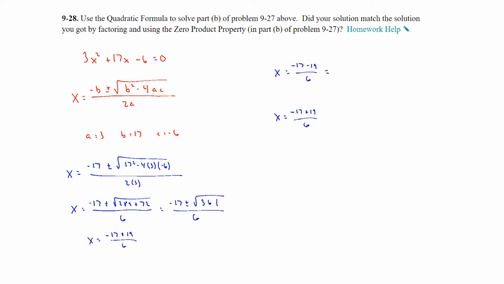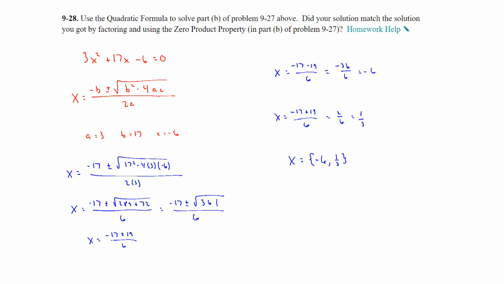Because we do want to simplify these since it was a perfect square, we'll get negative 36 over 6, so that's negative 6, and then this one is 2/6, which reduces to 1/3. So therefore our two answers are x equals negative 6 or x equals 1/3.